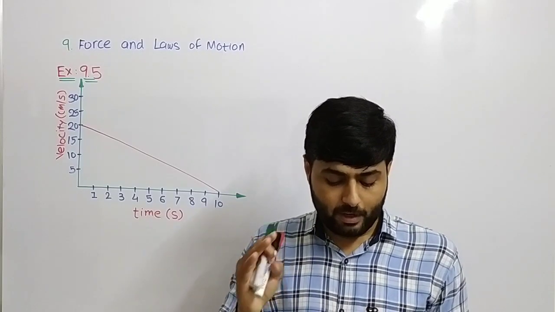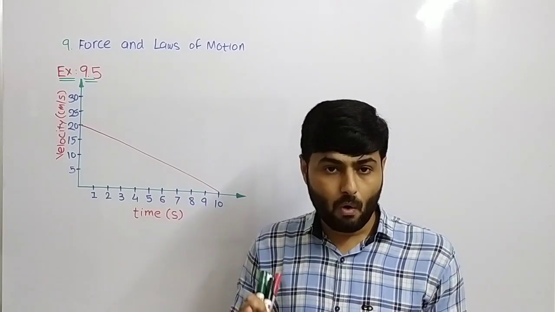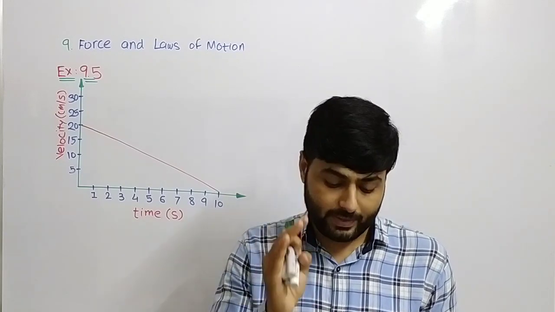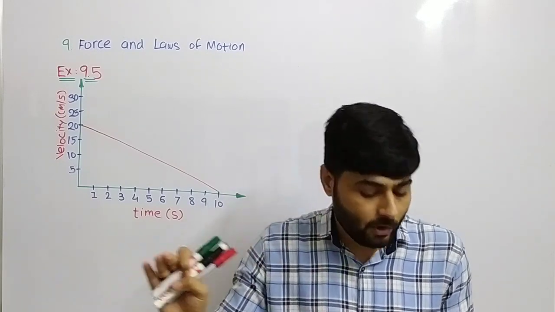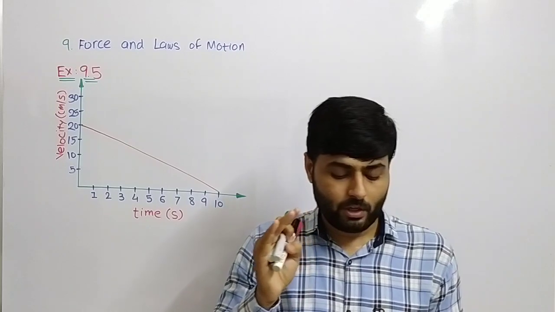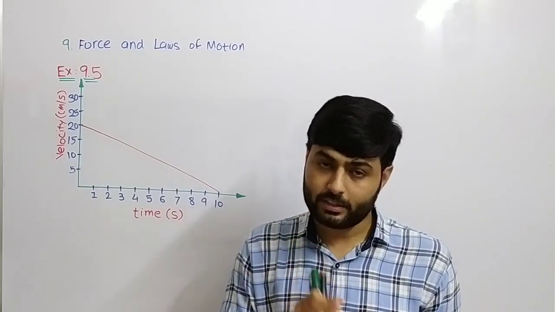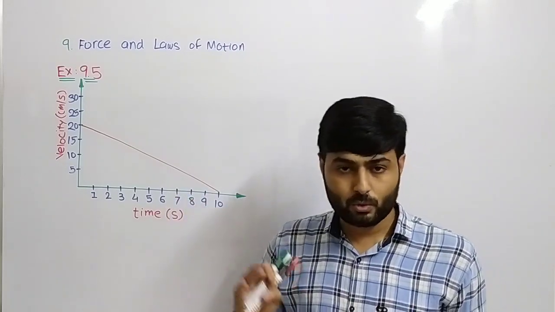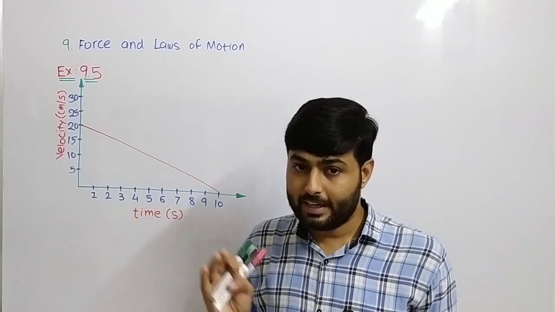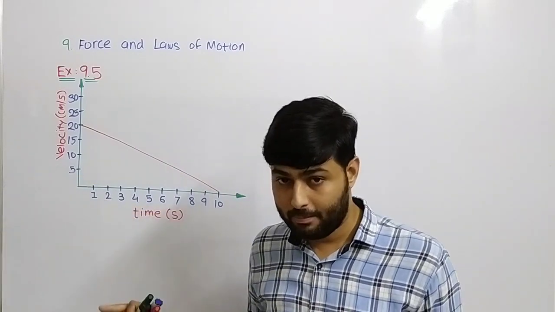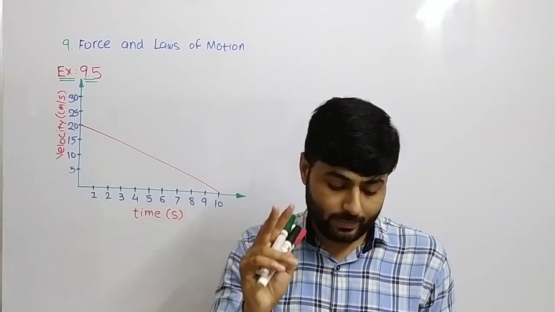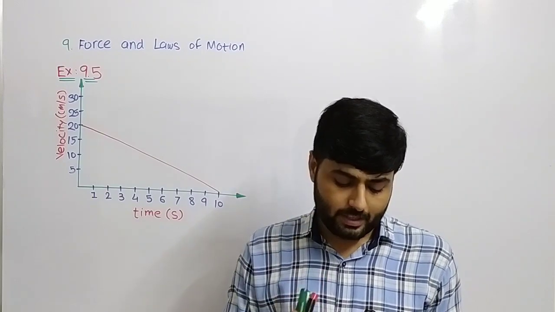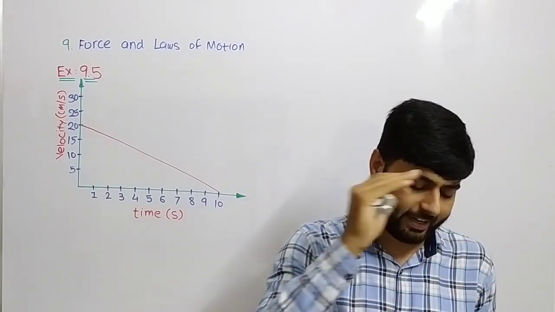Here the velocity time graph of a ball of mass 20 gram moving along a straight line on a long table is given in the figure. So we have one figure, that is the velocity versus time graph of a 20 gram ball that is moving along a straight line.